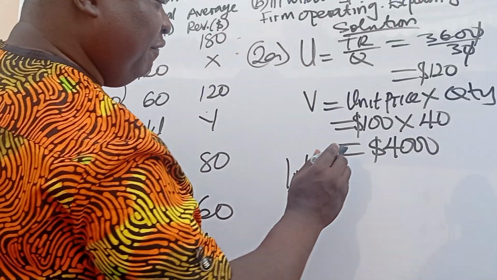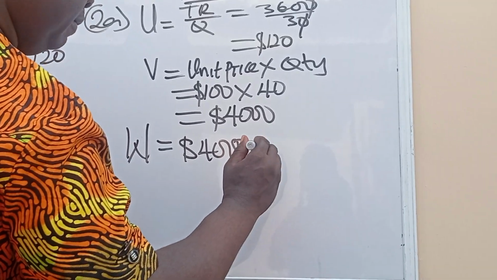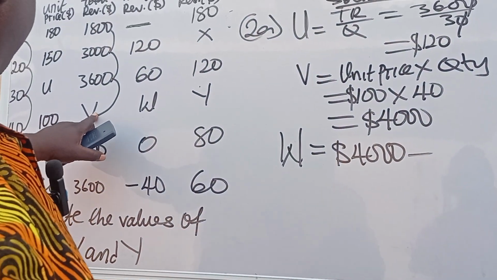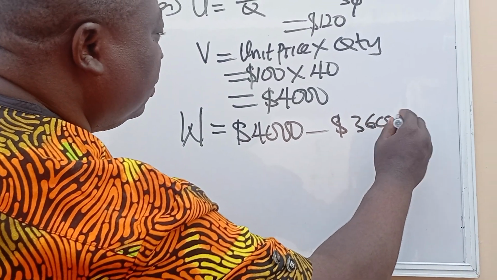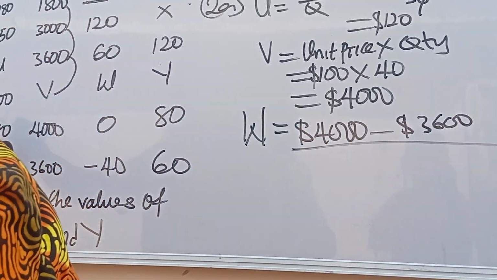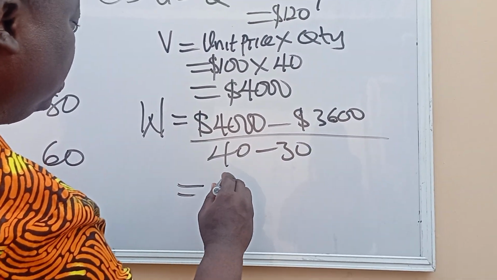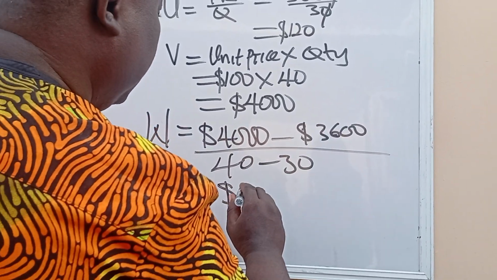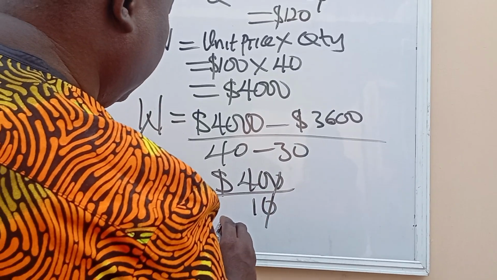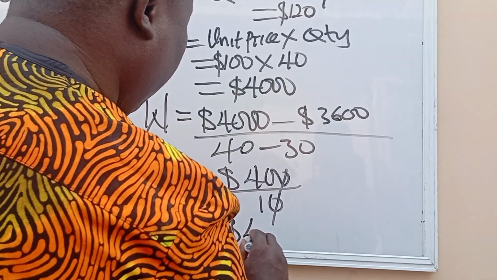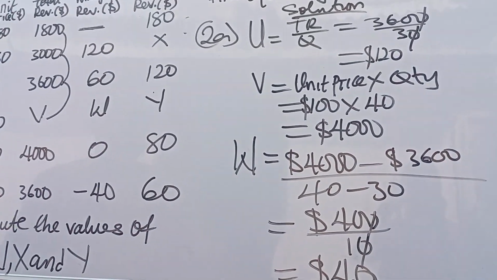So our V is 4,000 minus $3,000, hmm, $3,600, over 40 minus $30. This minus this will give you 400, and this minus this will give you 10. So this cancels this. Your answer will be $40. Do you get that?